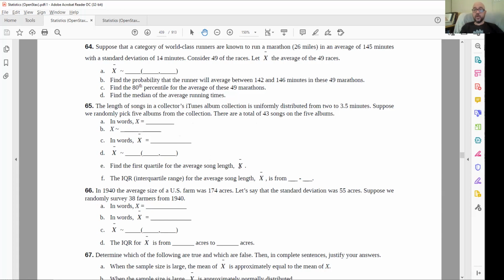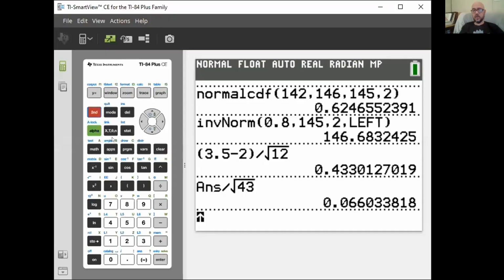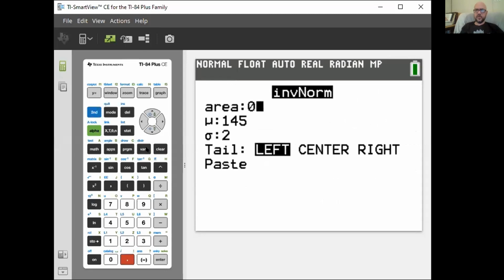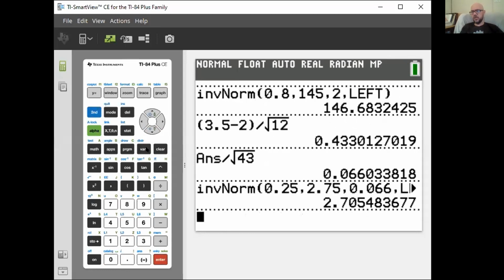So first quartile is the 25th percentile, so we're going to do inverse norm of 0.25, with a mean of 2.75, and a standard deviation, this is for X bar, of 0.066. 2.705.